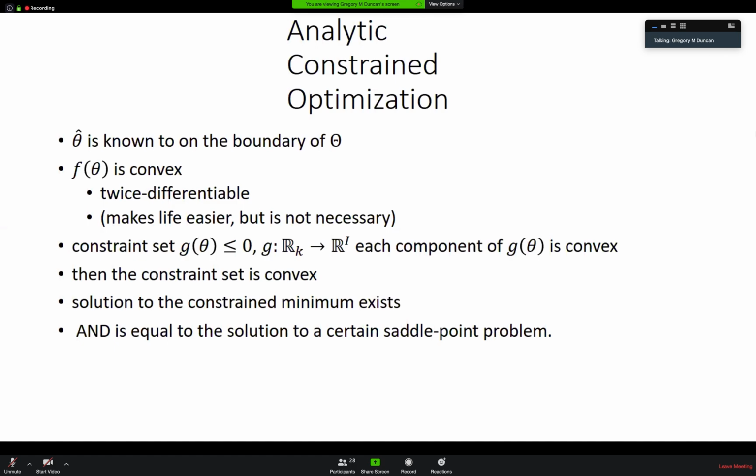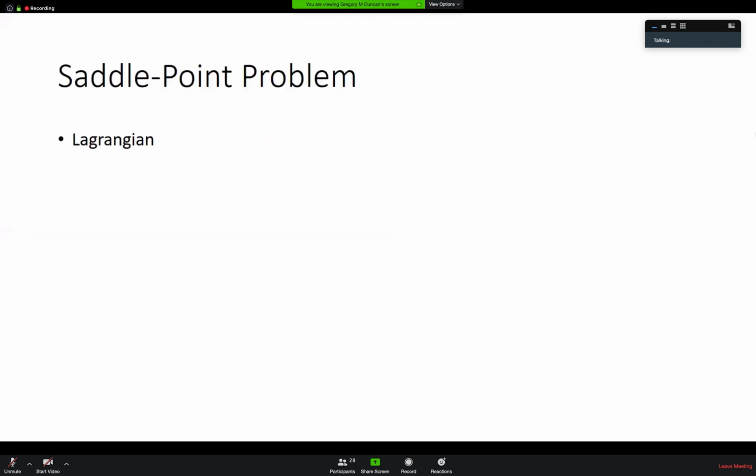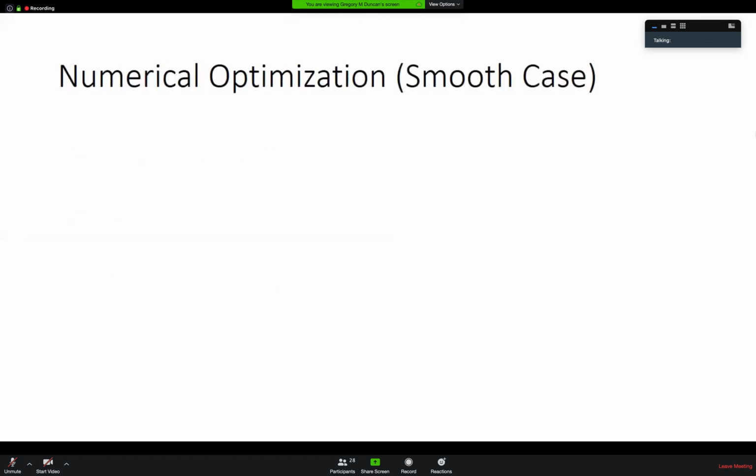The key thing that's important is if you have a constrained optimization and your F is convex and your constraint set is convex, then you necessarily are going to have a unique answer. I'm going to skip over the part here on Lagrangian multipliers. I can come back if somebody wants me to talk about them later on.